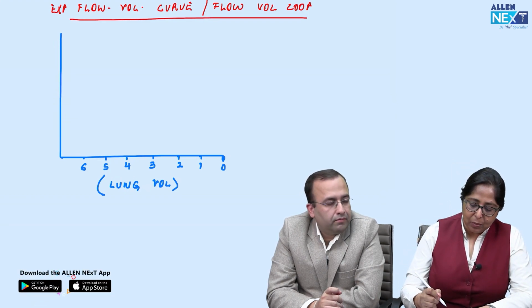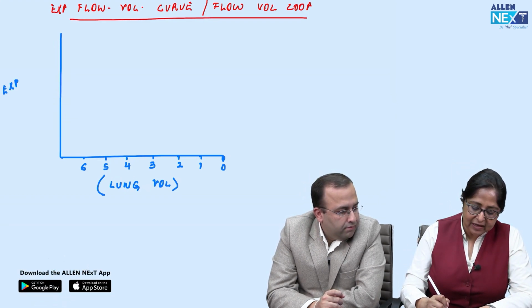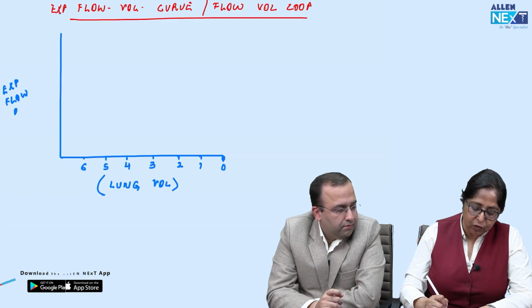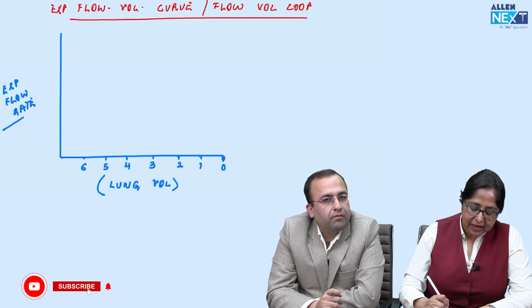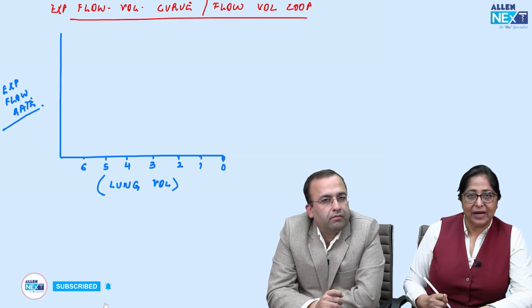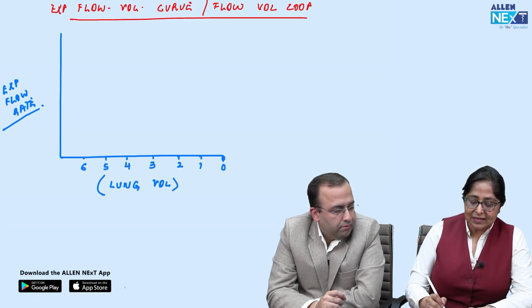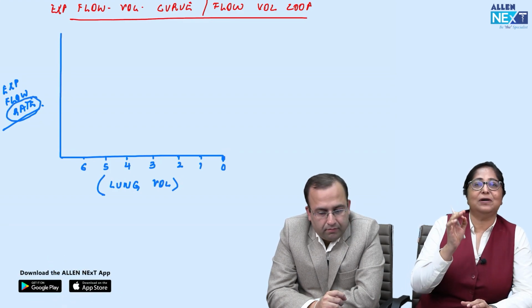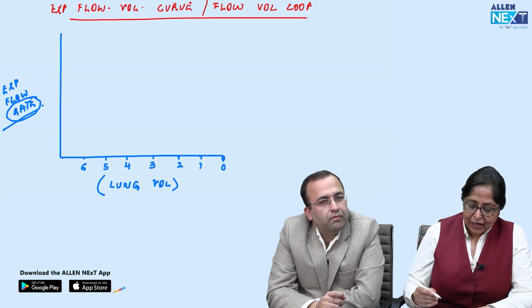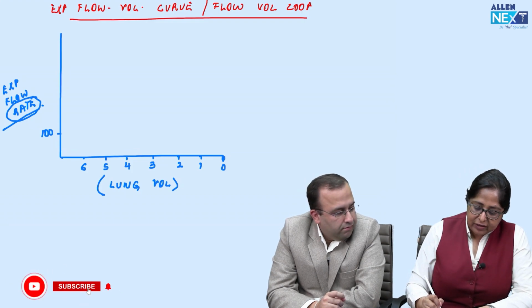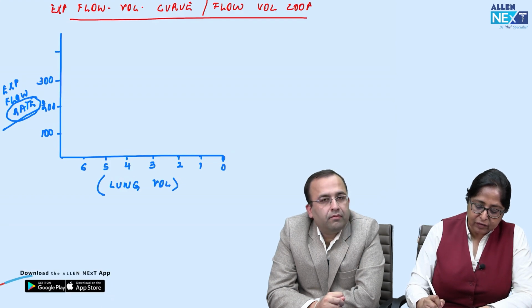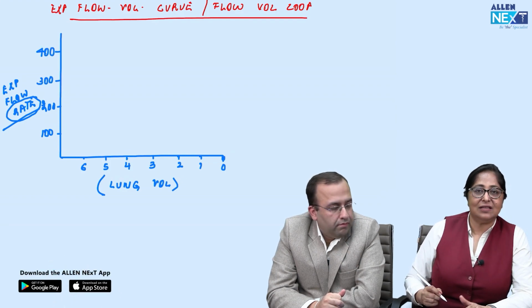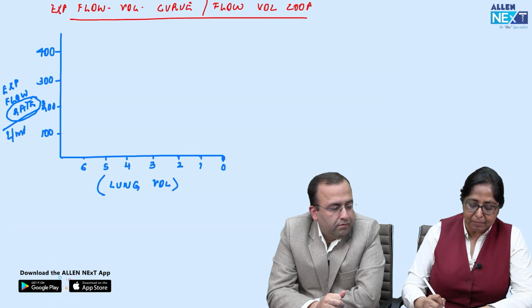And what I take on the y-axis is what is known as the expiratory flow rate. Now remember, this is a rate, and rate is always per unit time. So this is 100, 200, 300, 400. So this is in liters per minute.